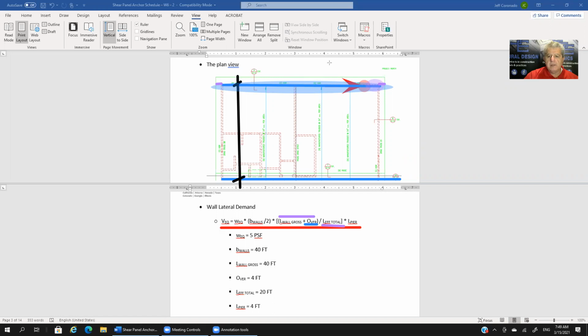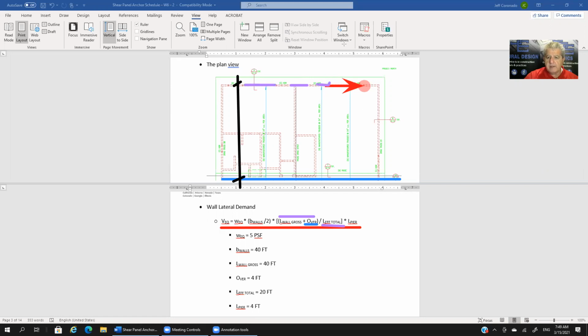So the L effective total would mean this length, plus this length, plus this length.